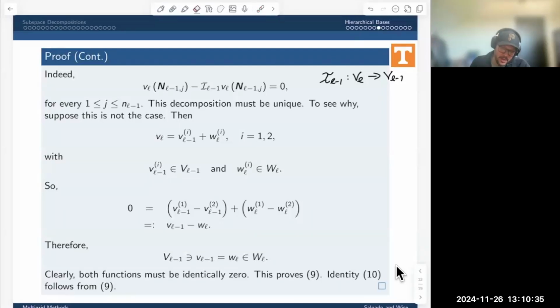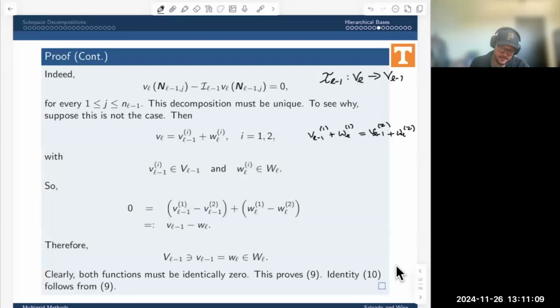Well, we know that if each of these, i equals 1 and i equals 2, equals V_L, then the difference between these two functions has to be equal to 0, right? So you just write one on one side and one on the other side: V_{L-1}^1 plus W_L^1 equals V_{L-1}^2 plus W_L^2. If I just take the difference of these two functions, I have to get 0.